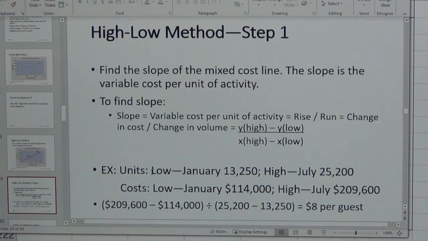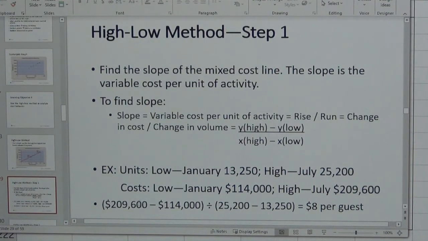Well, the units are the volumes, right? So 25,200 minus 13,250 is going to be our denominator. So we take the change in costs and divide that by the change in units. And if we run those numbers, you'll end up with $8 per unit.